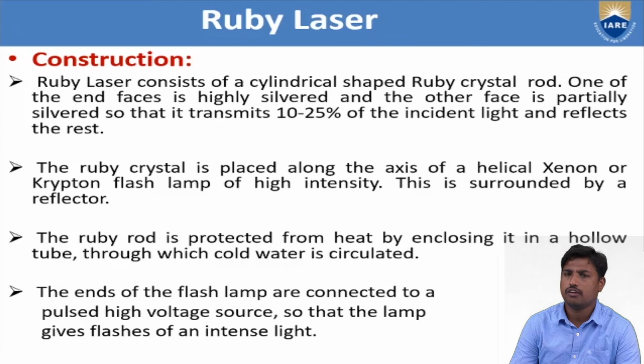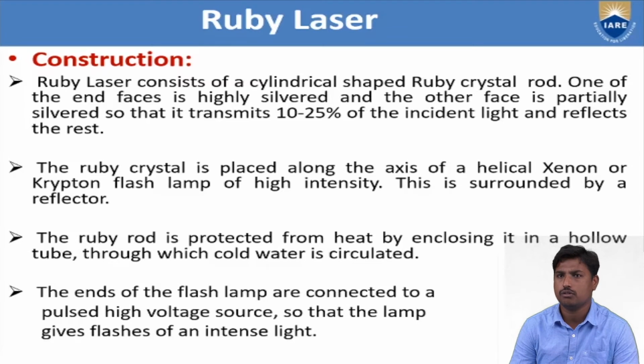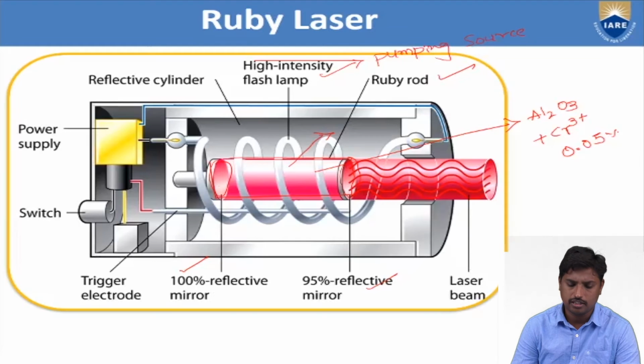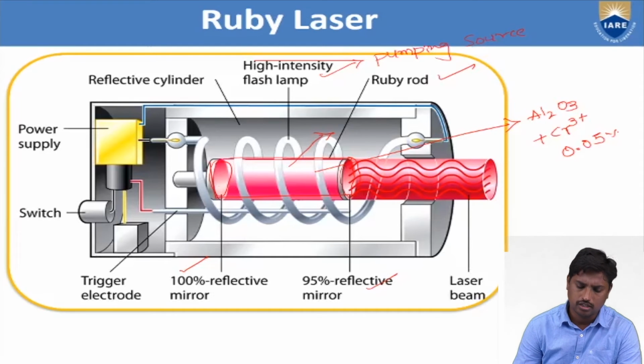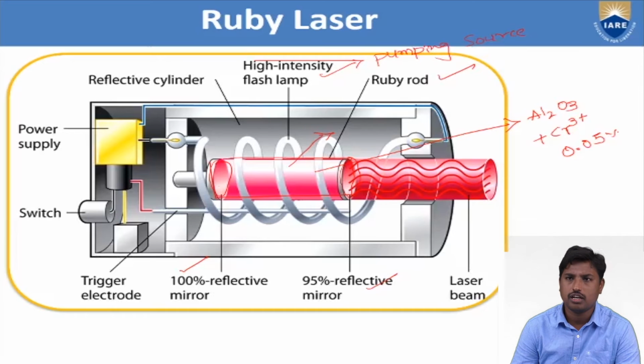Sometimes we use liquid nitrogen instead of water. The whole setup is kept in a tube, and cold water or liquid nitrogen is circulated to cool down the components, because while getting the laser, everything becomes very heated.